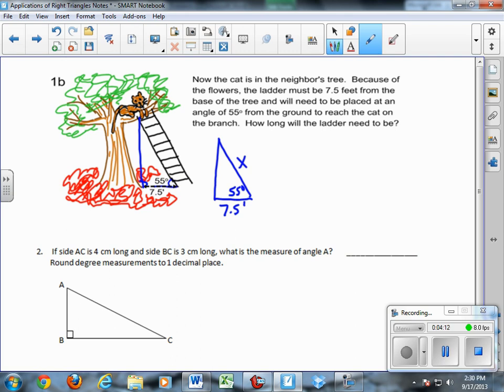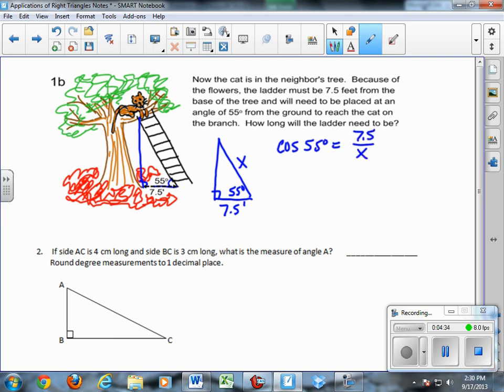So it's pretty much the same setup, only this time I know the adjacent side, and I want to find the hypotenuse, and the trig function that relates adjacent and hypotenuse to this angle would be cosine. So I'm going to say cosine of 55 degrees is equal to 7.5 divided by x. Now be careful.